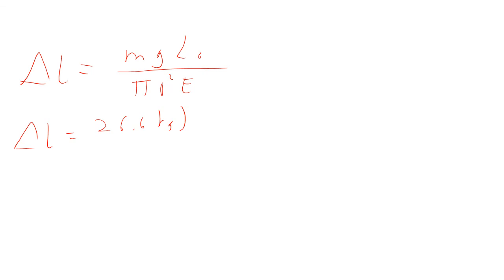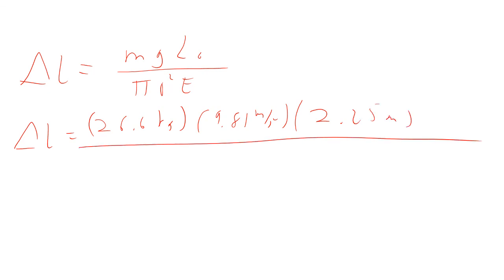So now we just plug in all our numbers. Delta L is going to be mg L naught divided by pi r squared E. So delta L will be 26.6 kilograms times 9.81 meters per second squared times 2.25 meters divided by pi times 1.09 times 10 to the minus 3 meters squared, and then E was 70 times 10 to the 9 Newton per meter squared.